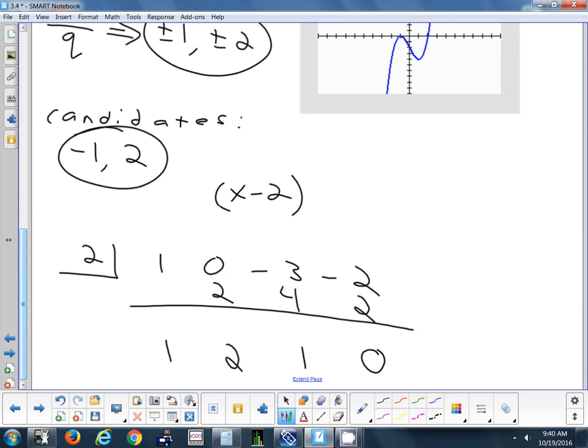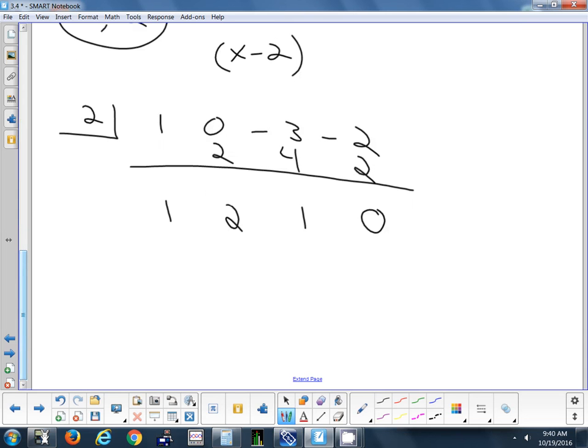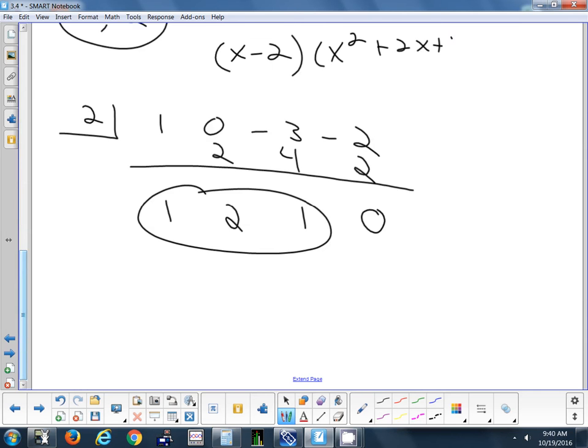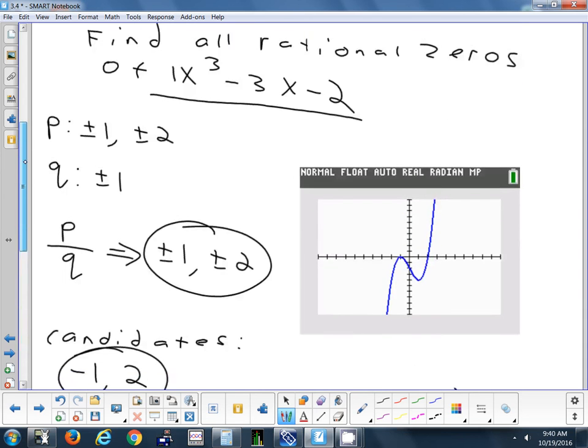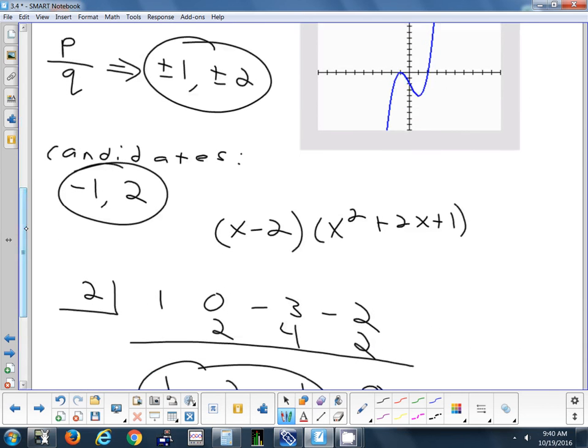So we already knew we were going to get a remainder of 0, but this is what I was after. That's my quotient, and that is also a factor. X squared plus 2x plus 1. So if you wanted to factor the original problem, that's how it factors right there.